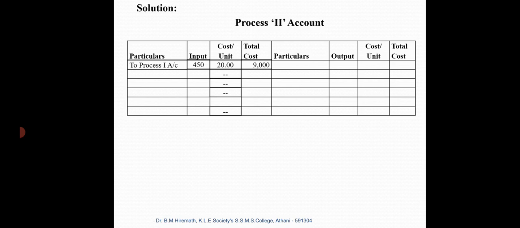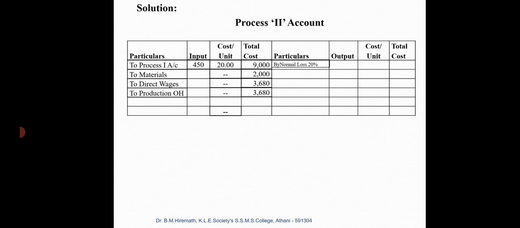Then add other expenses including material, that is materials rupees 2,000, then direct wages rupees 3,680, then production overhead rupees 3,680.